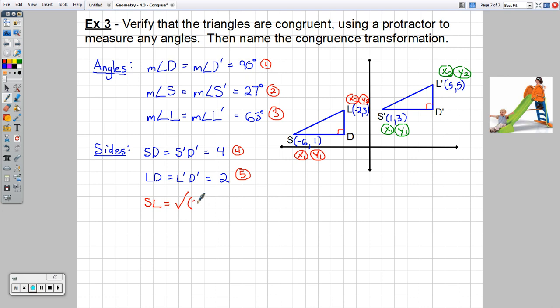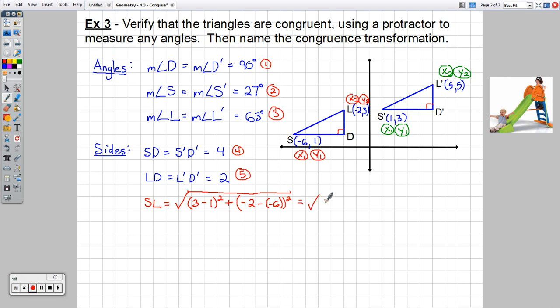So y2 minus y1 becomes that, plus the difference in my x's squared, -2 minus -6, and squaring that.